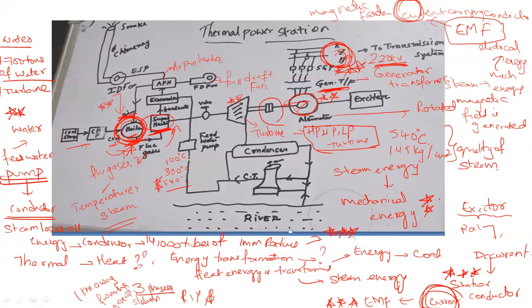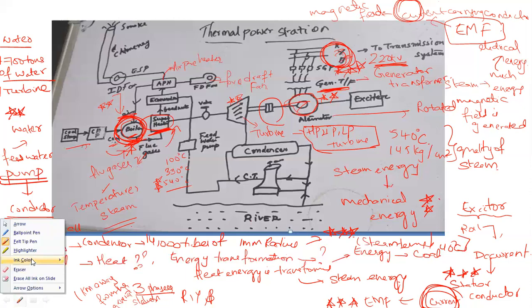Steam will be dumping onto the tubes. Thereby, the steam temperature reduces to 40 or 45 degrees and is collected, and again pumped to the feed water pump through the condenser. So this is the arrangement in a 500 megawatt thermal power station.